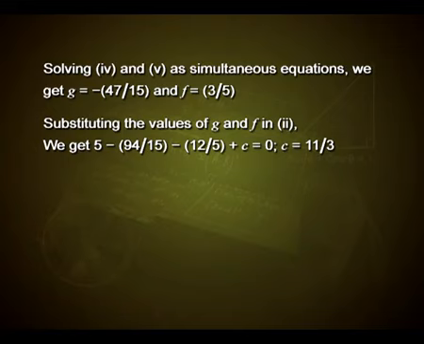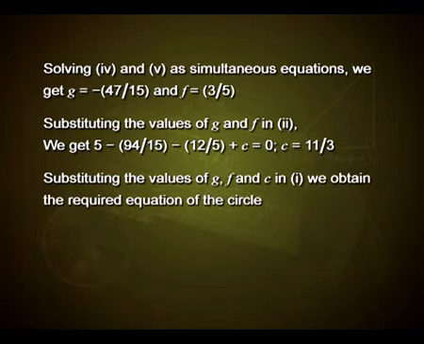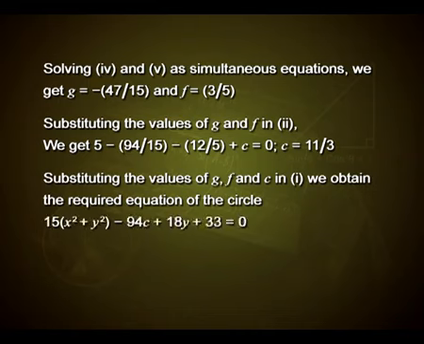That gives us c = 11/3. On substituting the values of g, f and c in the first equation, we obtain the required equation of the circle as 15(x² + y²) - 94x + 18y + 33 = 0.